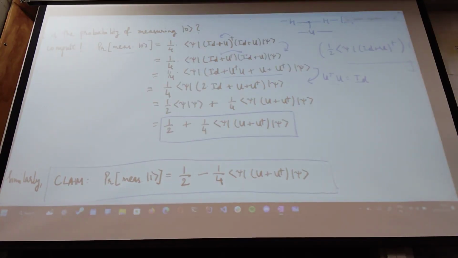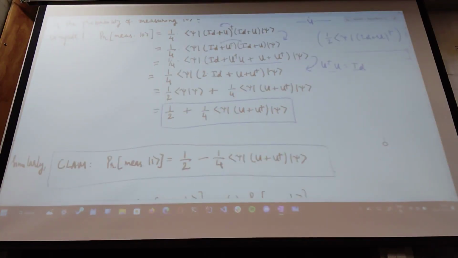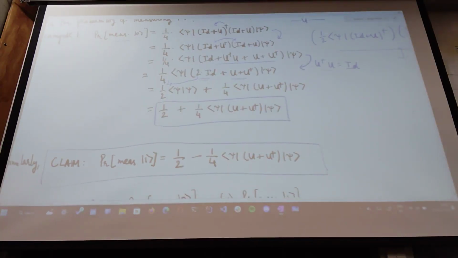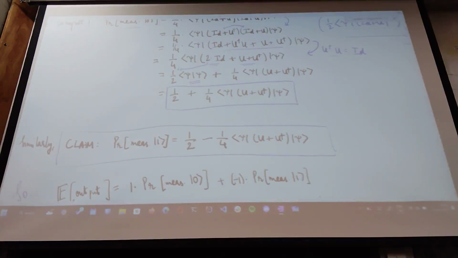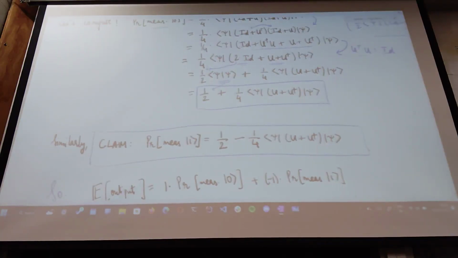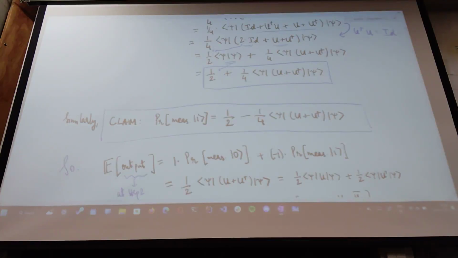Then you use the fact that u is unitary, and since this is just matrix multiplication, this is linear, so you can split out the terms, and the 2 over here cancels with the 4 to give us a 1/2, and you get a u plus u dagger on the other side. And since psi was a normalized state by assumption, this is just 1, and this is how we get the answer. So similarly, I claim that the probability of measuring a 1 is very similar to this, except instead of a plus here, you have a minus here.